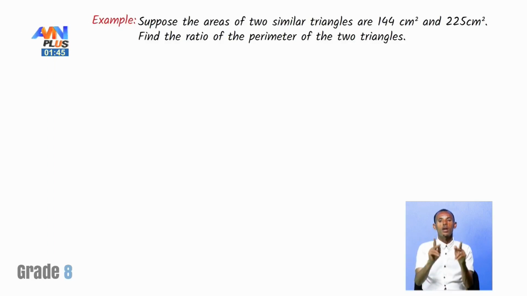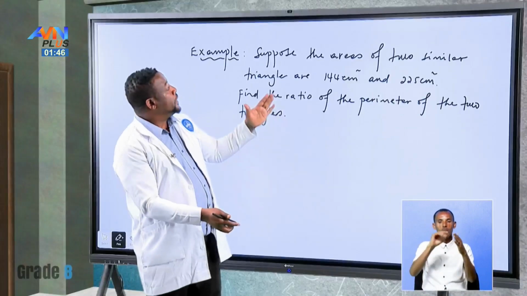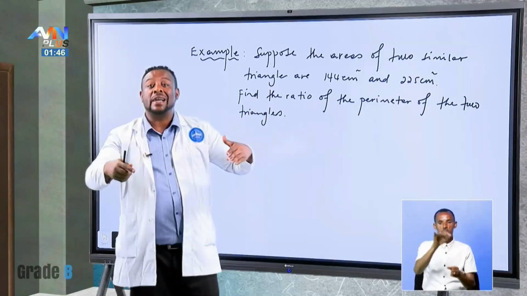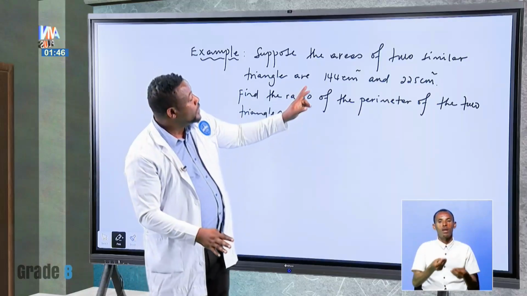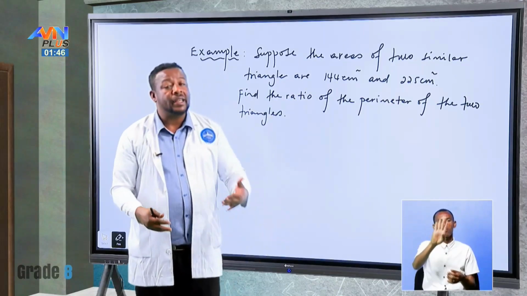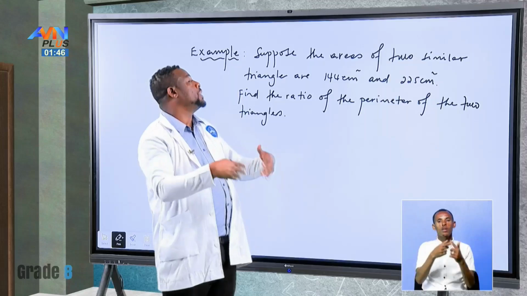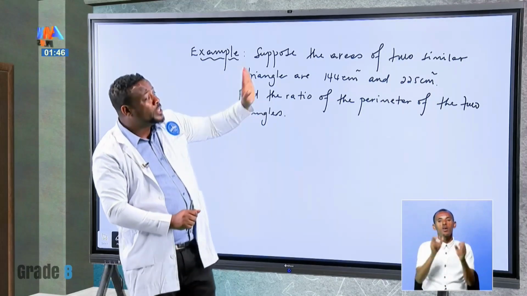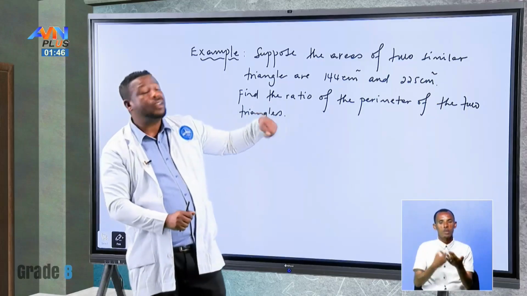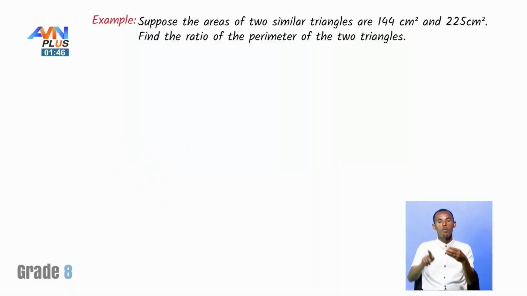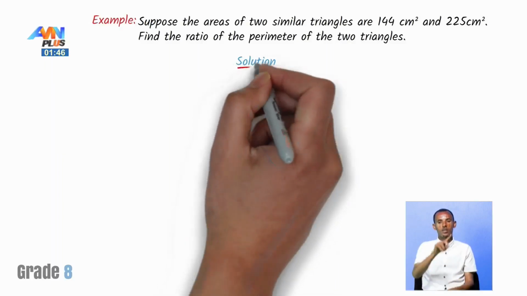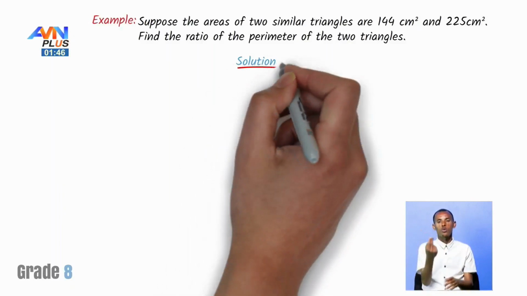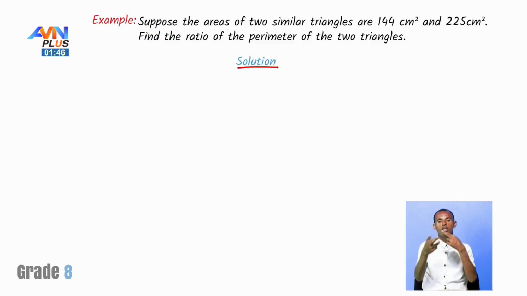Okay, here in this example, the areas of two similar triangles are given. One is 144 centimeters square, and the other is 225 centimeters square. Based on this information, we are asked to find the ratio of the perimeters of the two triangles, right? To answer this, you need to remember the relationship we derived earlier.